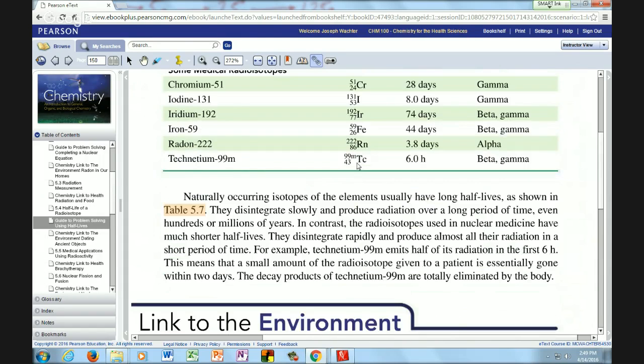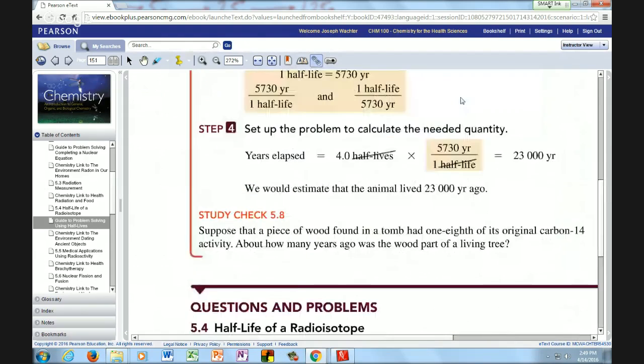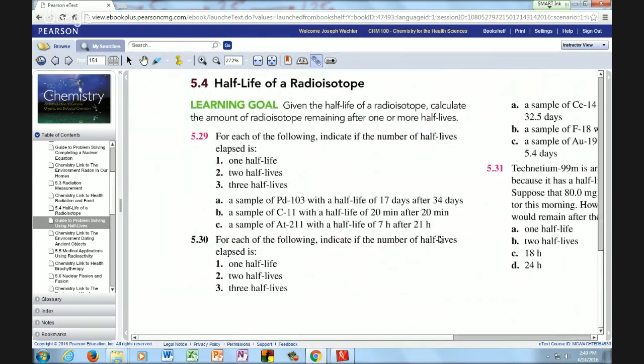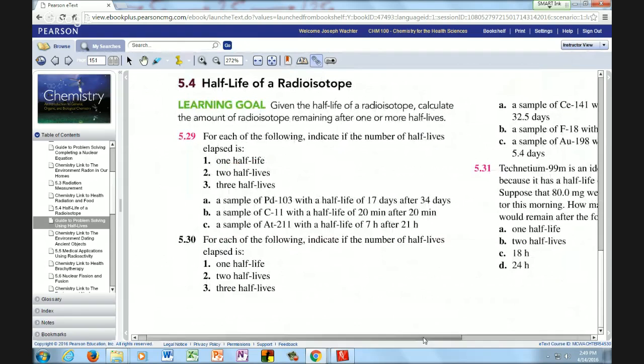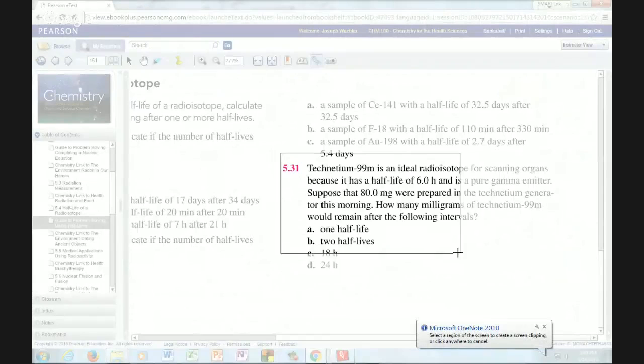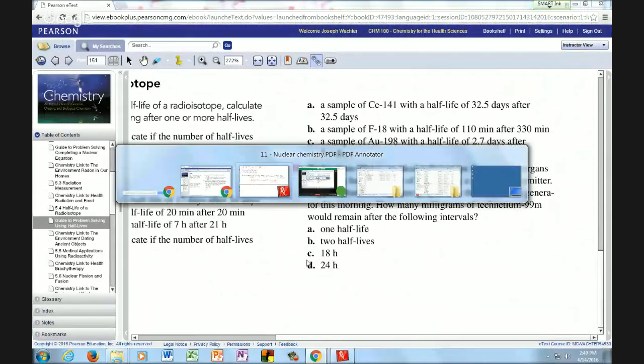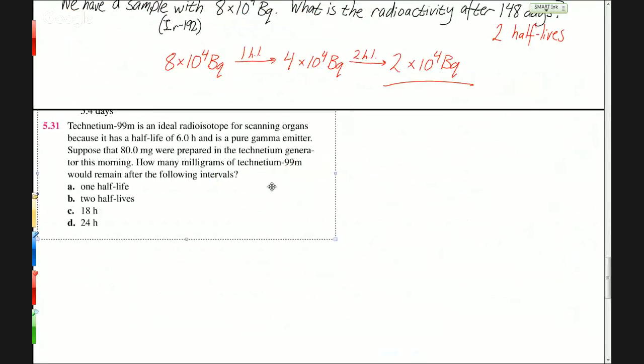All right, so let's take a look at some examples of these. Organ scanning with technetium-99m.